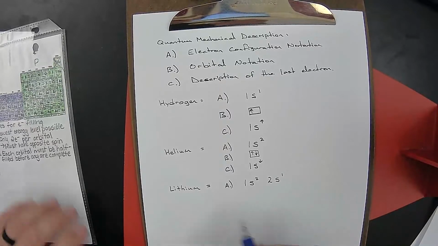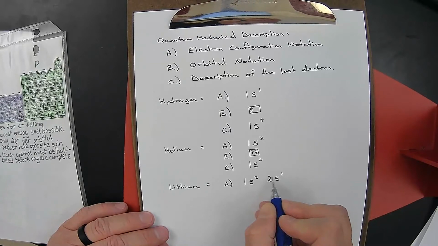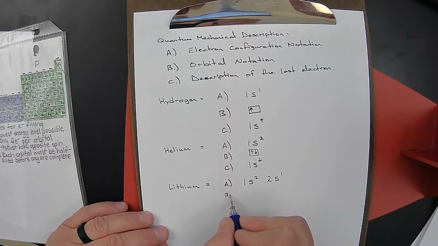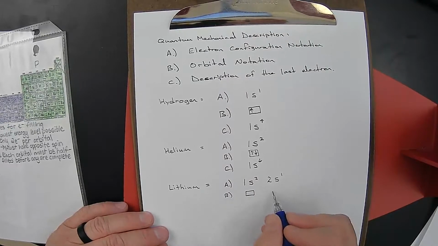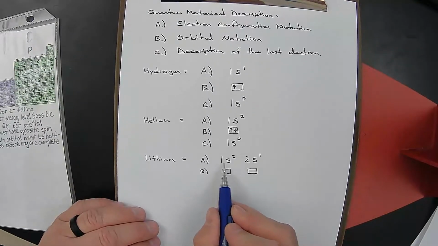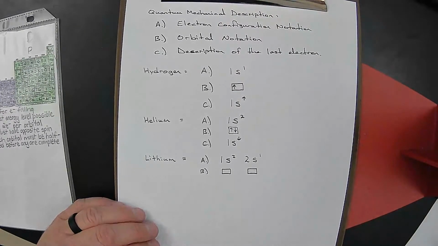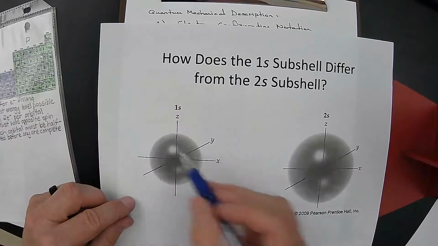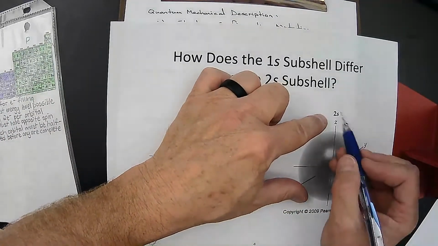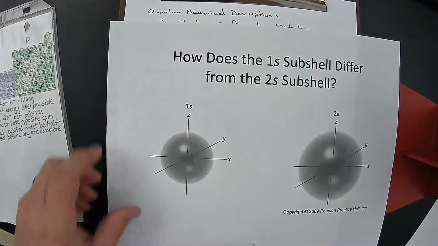Now I want you to notice lithium is number 3 on the periodic table. Here are 2 of its electrons. Here is 1 of its electrons. The S sublevel has 1 orbital. Well, what's different between this 1s orbital and the 2s orbital? The 1s orbital is smaller than the 2s orbital. So we have to think of this 2s orbital being superimposed on the outside of the 1s.